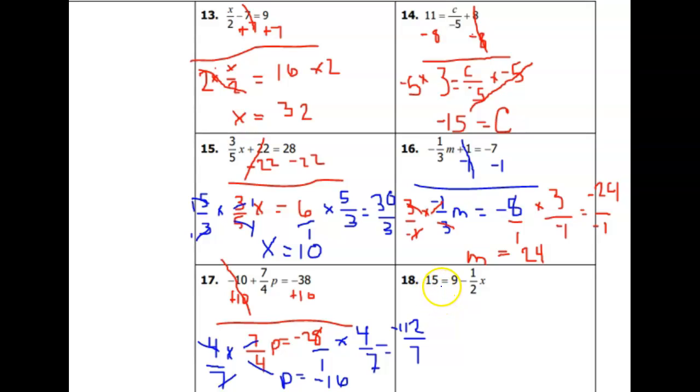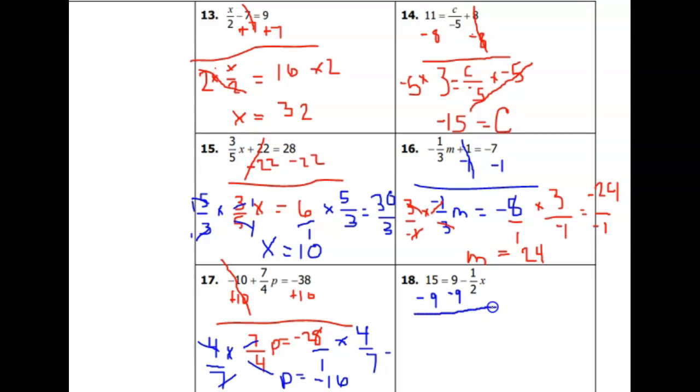On the right side, the 9's cancel. Okay, so they go away. And then I'm left with, again, I keep the sign with its term. So I'm left with a negative 1/2 x. But I'm not afraid of this negative 1/2 x, okay? I know I just need to multiply by the reciprocal of negative 1/2 or the flip of that.